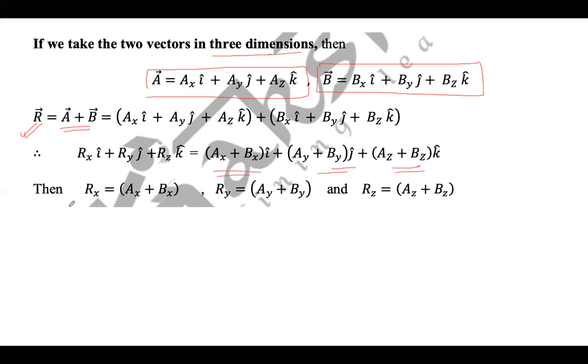So the x component of the resultant vector is ax plus bx, that is the sum of the x components of these two vectors a and b. Similarly, the y component of the resultant vector is the sum of the y components of a and b, and the z component of the resultant vector is the sum of the z components of a and b.